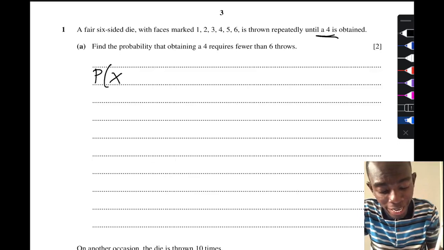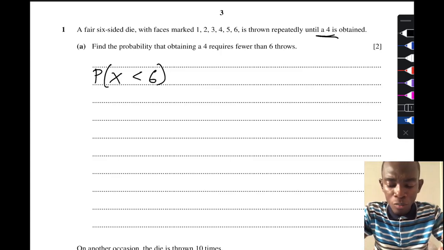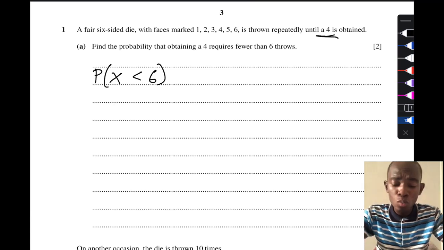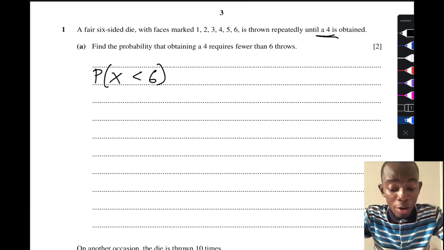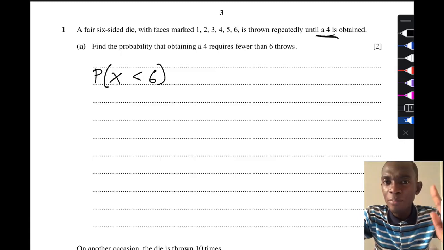So let's say that the whole distribution is defined by x. So the probability of x is less than 6 trials. Whenever you are dealing with this, think of it this way. You are going to get a 4 within 6 trials, less than 6. The success could have been the first trial, the second, the third, the fourth, or the fifth.